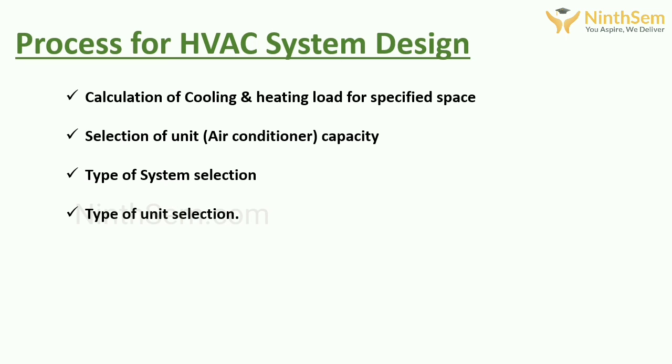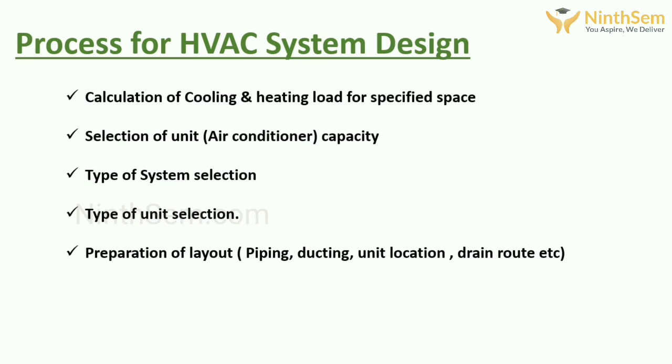After that, type of unit selection. And then preparation of layout, that is piping, ducting, unit selection, unit location, drain route, etc. And last, preparation of BOQ, that is bill of quantity for tender purposes.